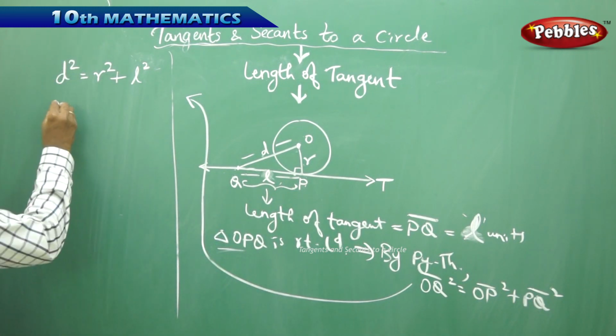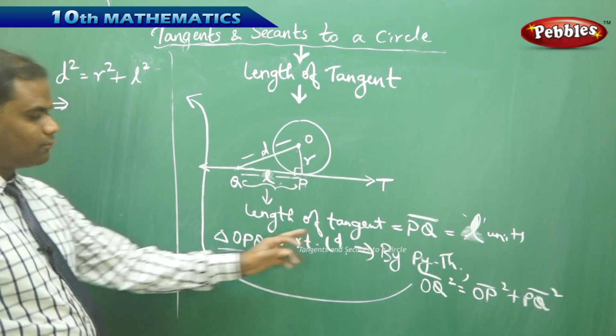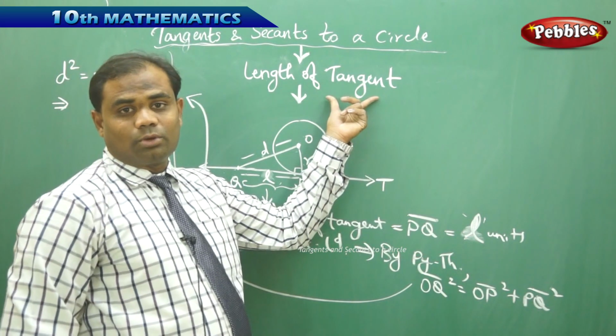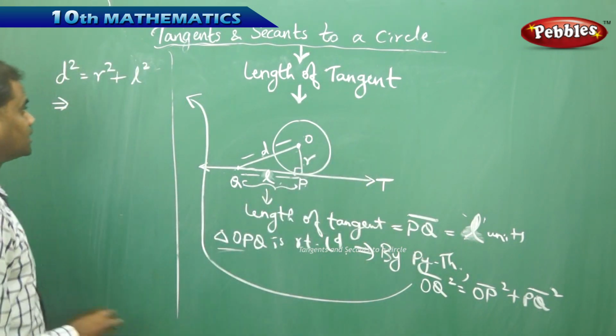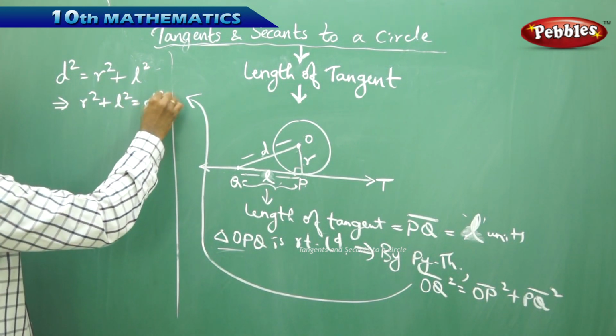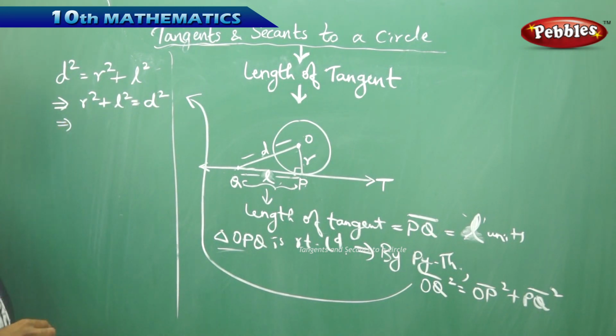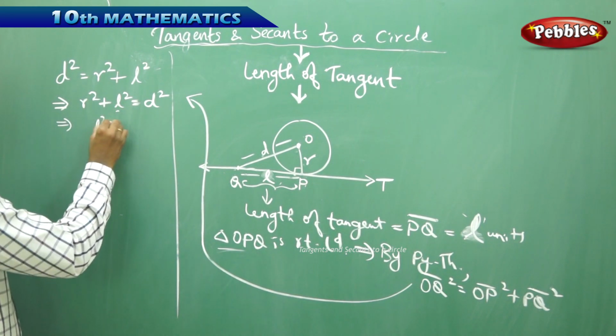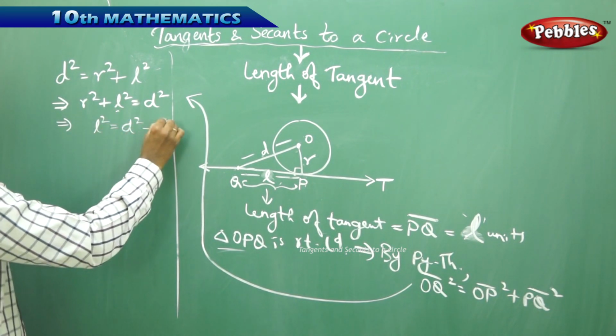Now, to continue further, because I need to find the length of tangent L, which is the topic of the session, therefore I take R square plus L square on the left and D square on the right, so that because I need to find L, my L square will be D square minus R square.